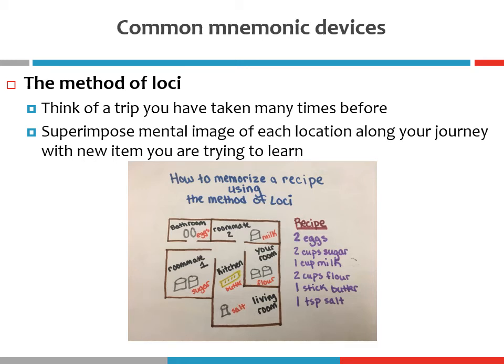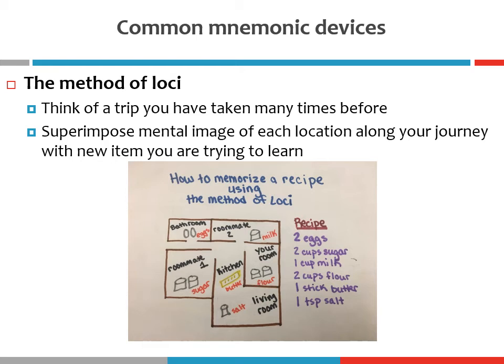Or maybe he engages in a lot of weightlifting. Maybe he's an athlete, right? So you imagine him sitting on his weight bench, and instead of lifting weights, he's lifting up 2 very large, heavy cups of sugar, right? And then the third item on your list is a cup of milk. So maybe your second roommate, you imagine him with a big milk mustache.